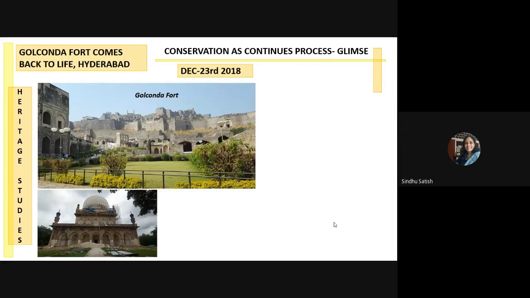I'm talking about Golconda Fort in Hyderabad. Now there was this heading, Golconda Fort comes back to life, on December 23rd, 2018.